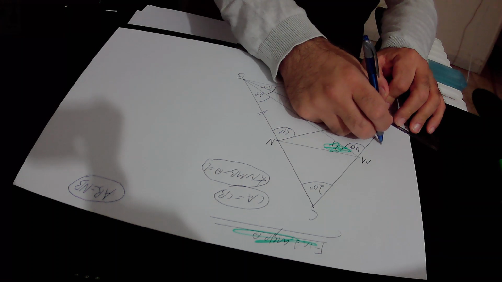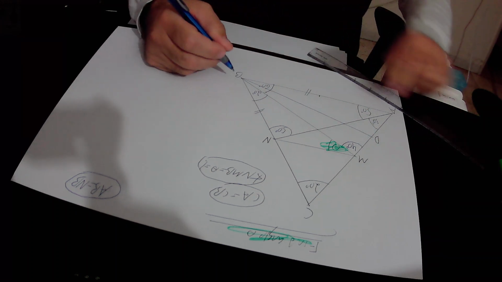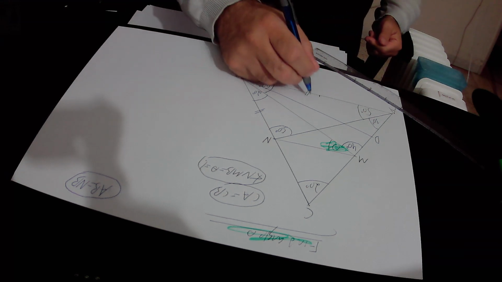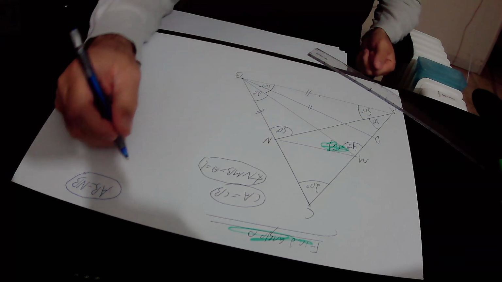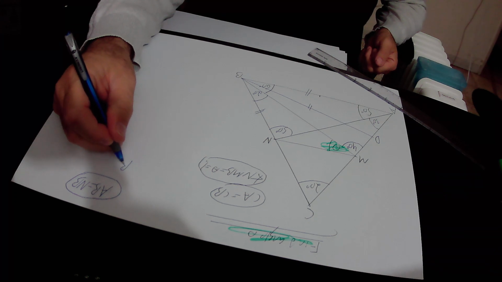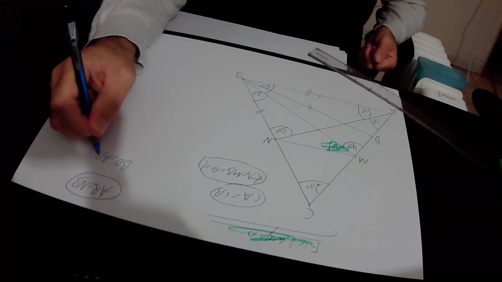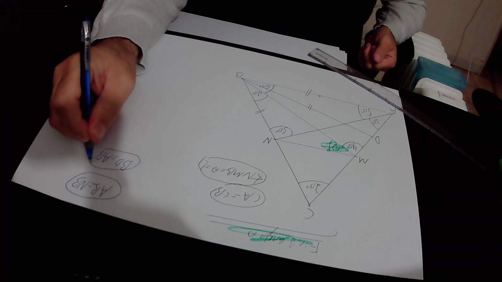This is line segment BD. We draw line segment BD in such a way that BD equals AB. Here we can write down that side BD equals side AB according to our construction.